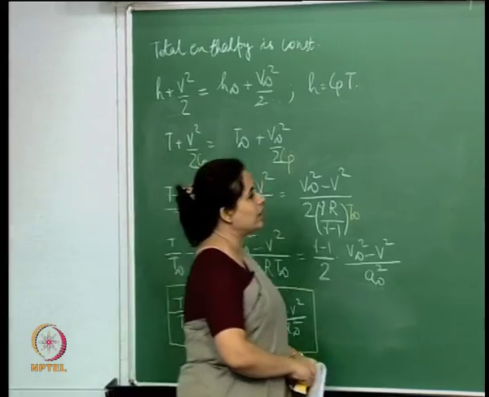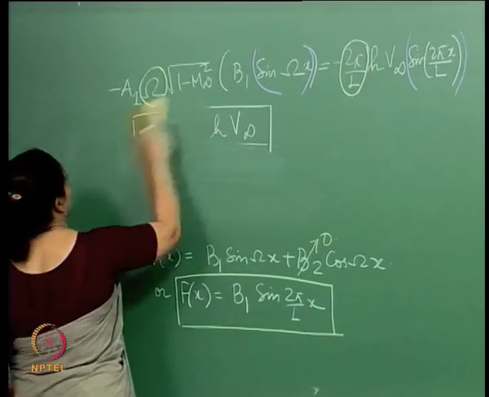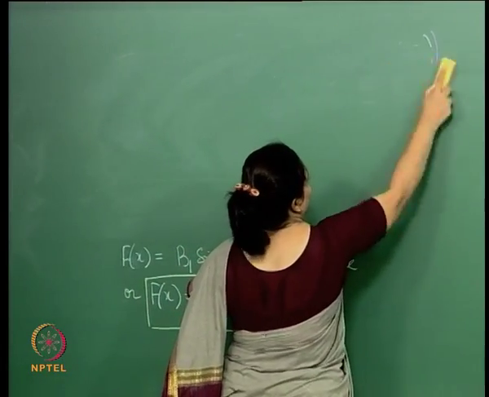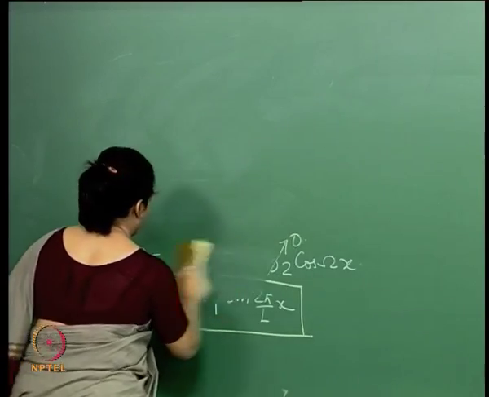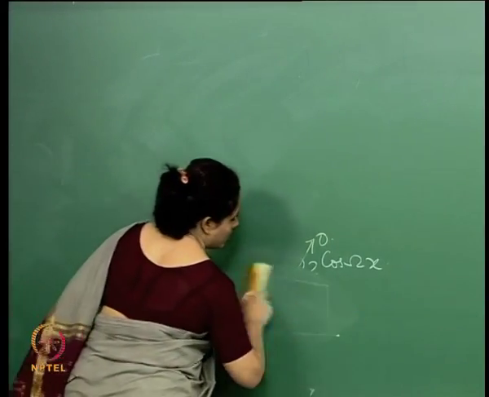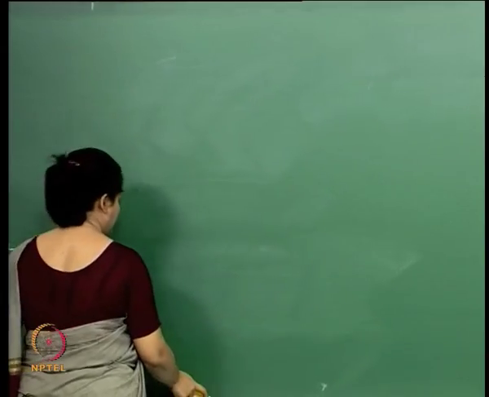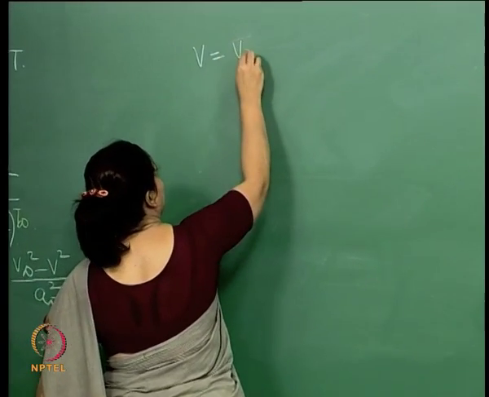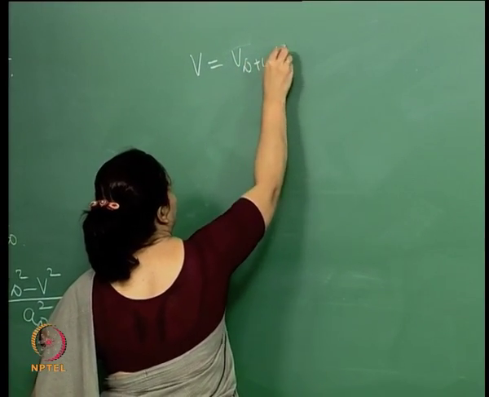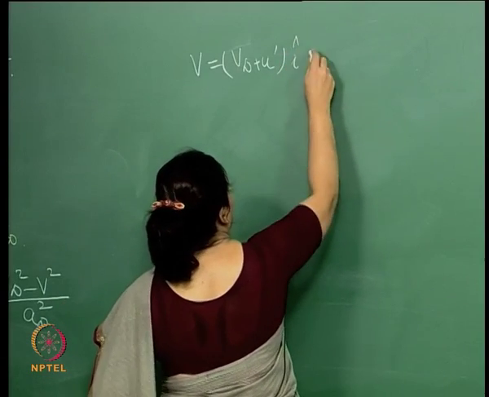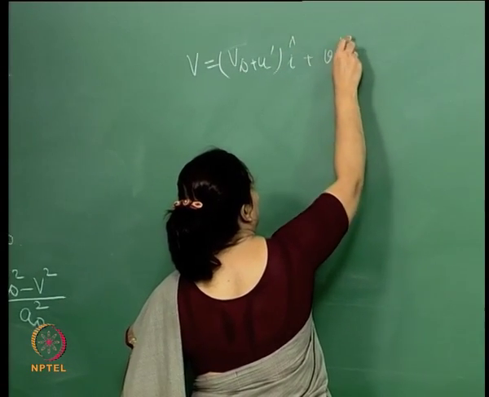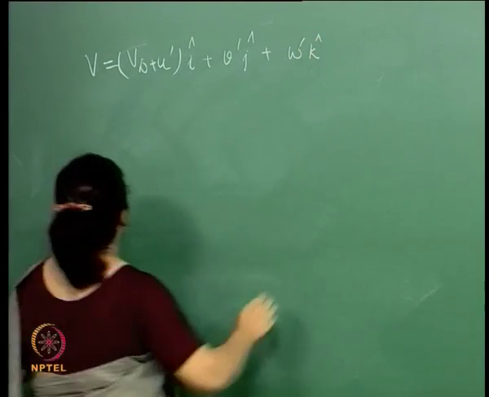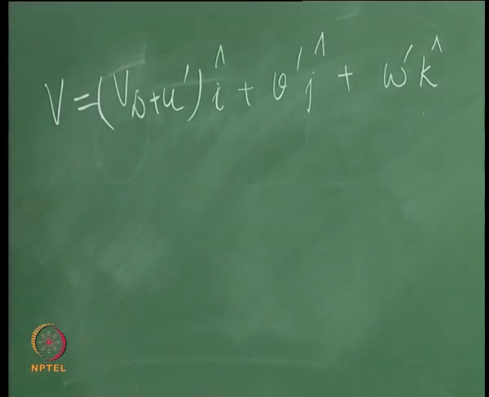Now as we said earlier, V is the free stream plus the perturbation velocities basically. So this is my local velocity, isn't it?